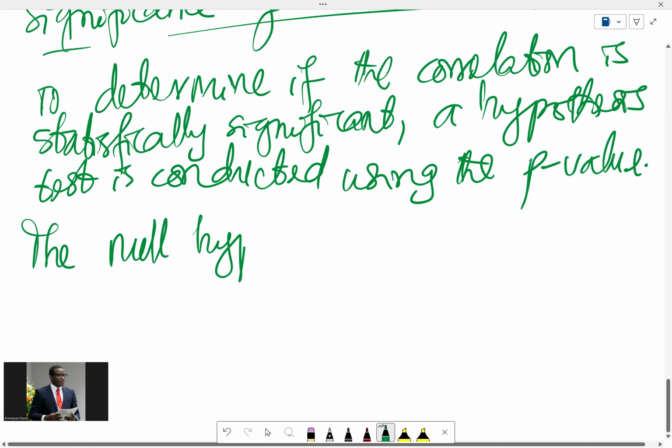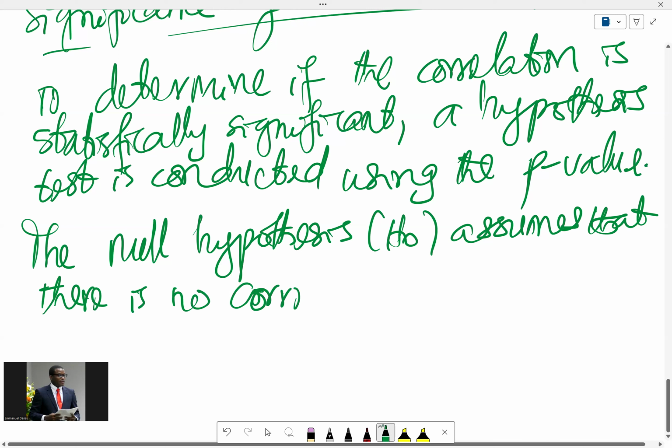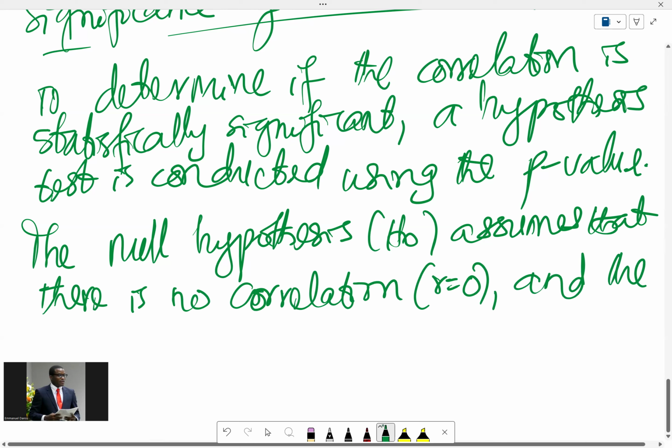So the null hypothesis, which is H naught, assumes that there is no correlation, meaning that R is equal to 0, and the alternative will just be the opposite of that.